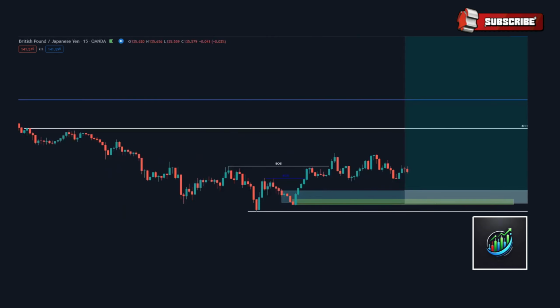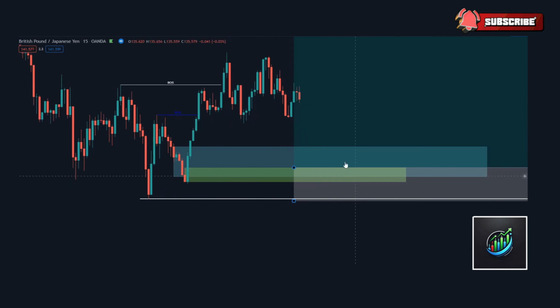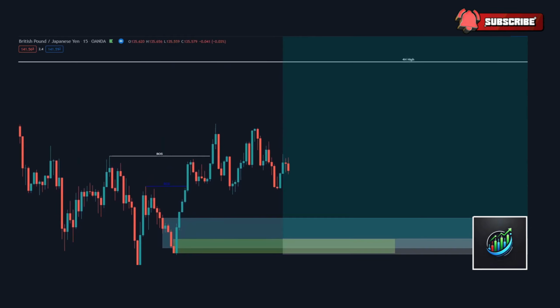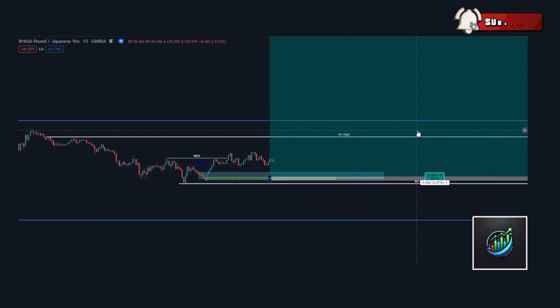Now if we take that same trade and refine it down to the 15-minute, placing our buy limit order just above the 15-minute order block and stop loss just below the 15-minute order block, it changes the overall potential of this trade to 50.91.